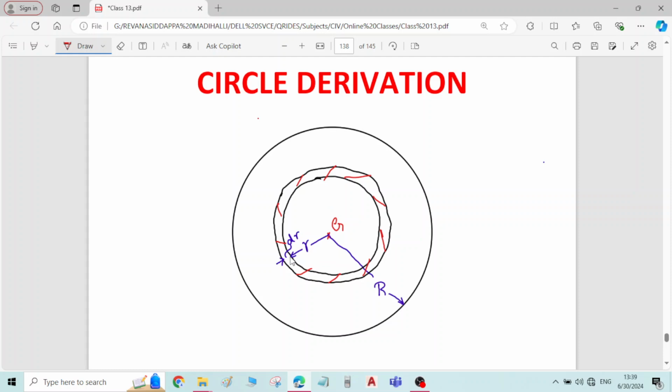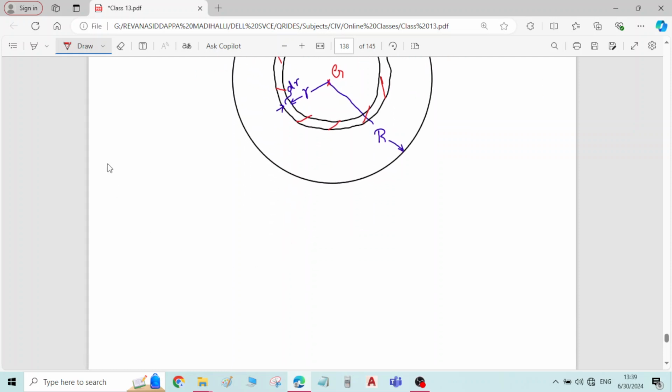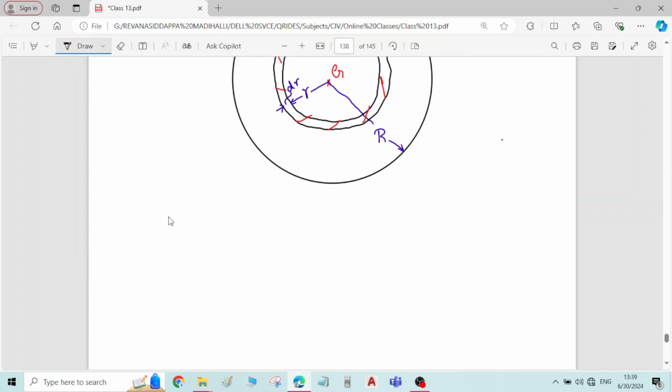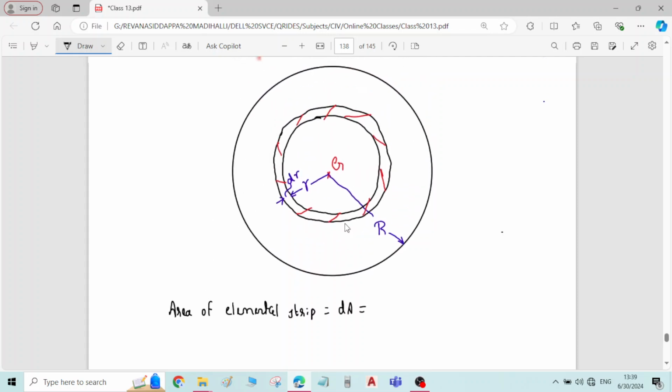Now in the derivation part, I want the expression for the area of the elemental strip. I have taken it as dA.